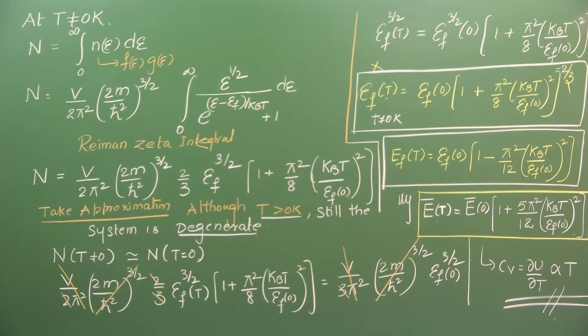So the free electron contribution to the specific heat is proportional to T at T equal to 0 Kelvin as well as at T not equal to 0 Kelvin, or T greater than 0 Kelvin.